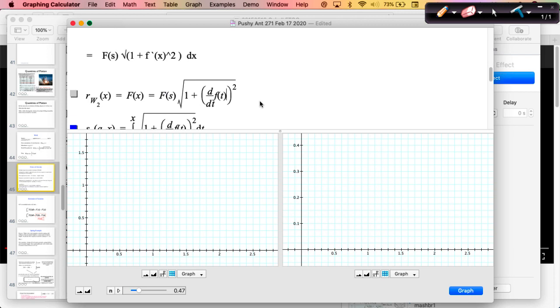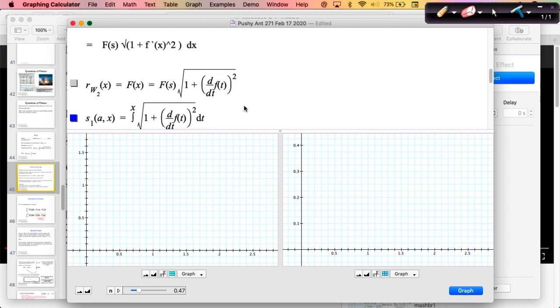So we got the force as a function of s, transforming it to get it in terms of x.